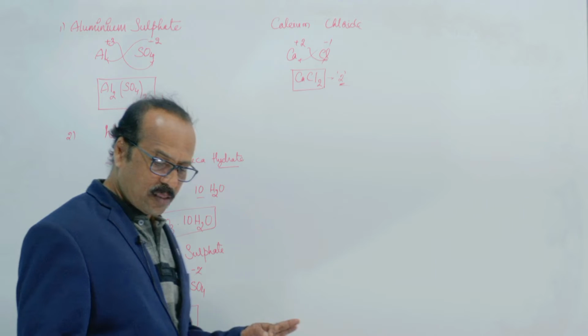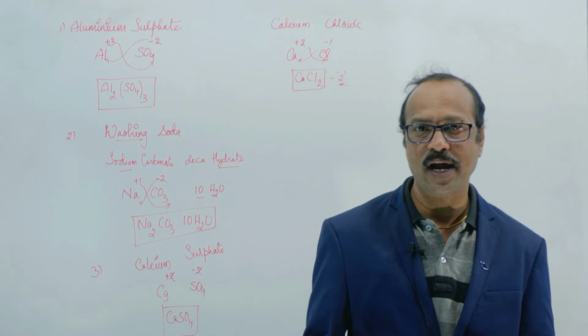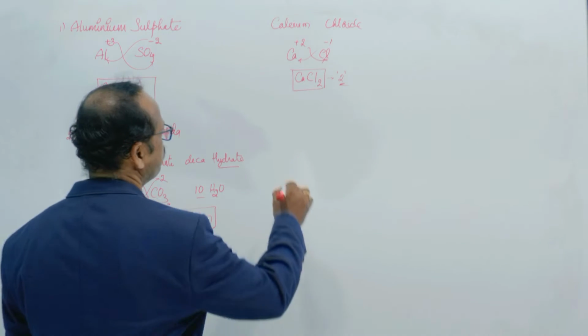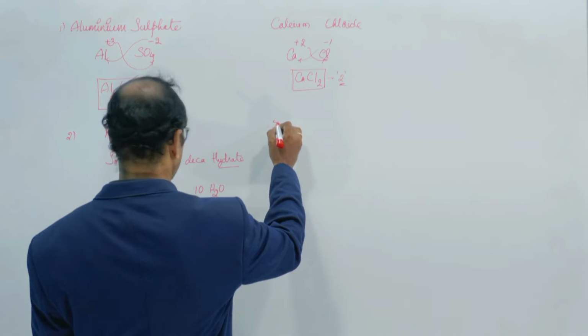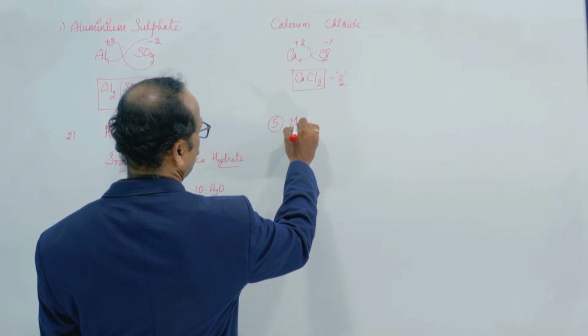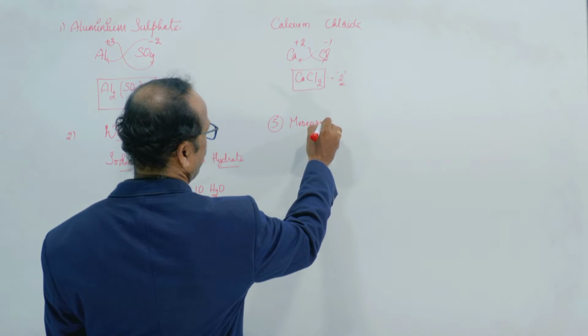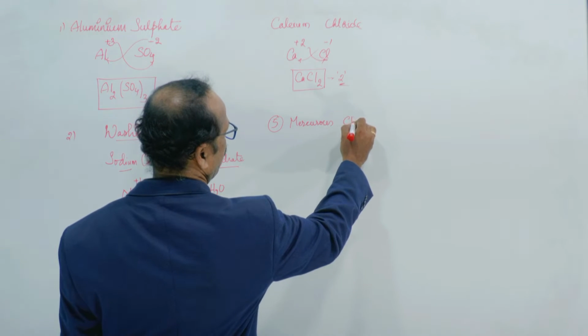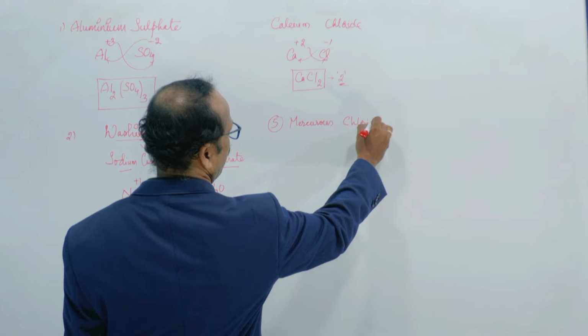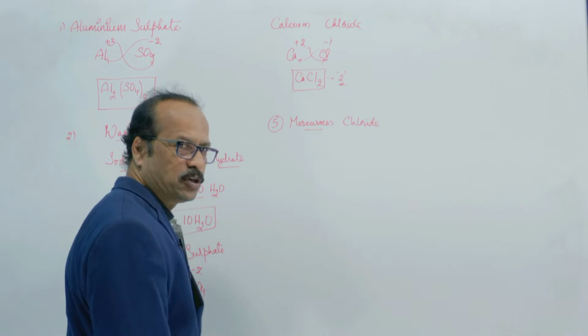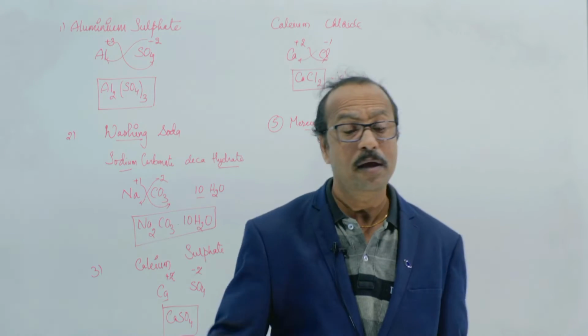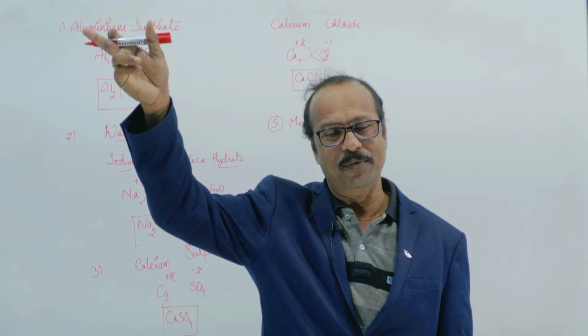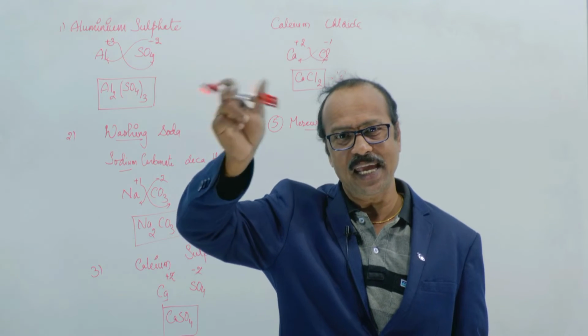Next, the formula of mercurous chloride. Mercurous. I said this, mercurous. When mercurous, mercuric, did you remember? Us, ic.